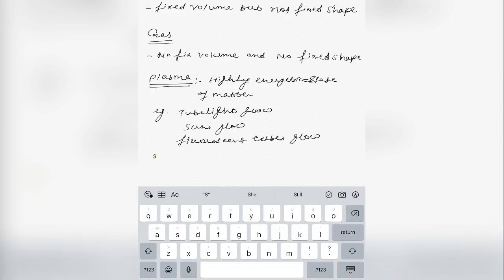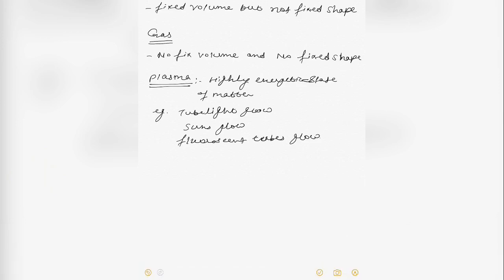Now if we talk about BEC, BEC is Bose-Einstein condensate, given by S. N. Bose and Albert Einstein. BEC is also a derived state, obtained from the gaseous state.